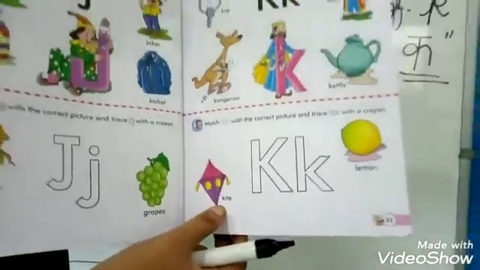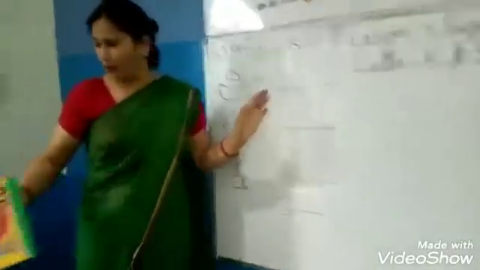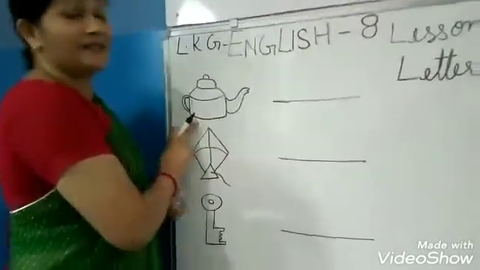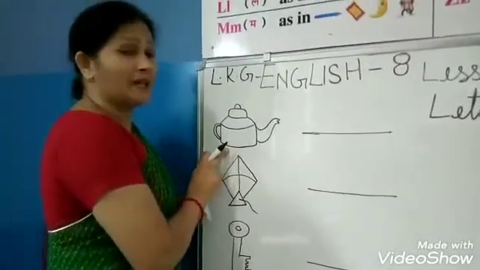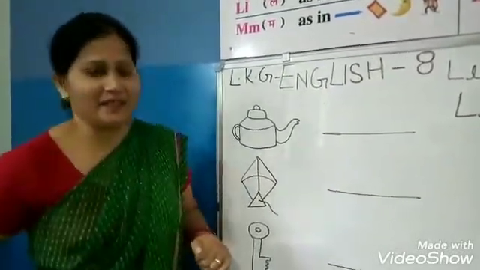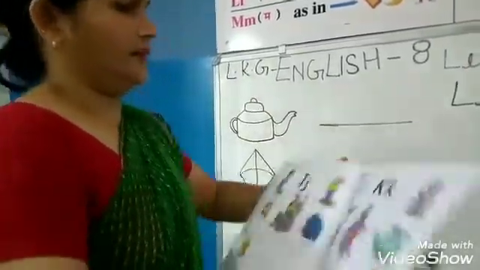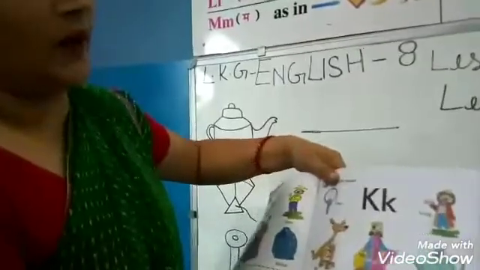Okay children, K for kite. So look at the board children. This picture is kettle. Okay children, this picture is kettle.